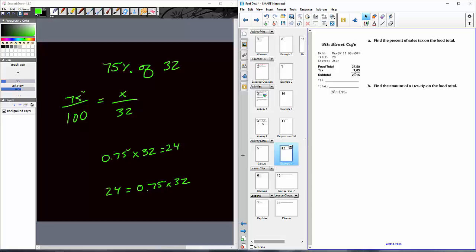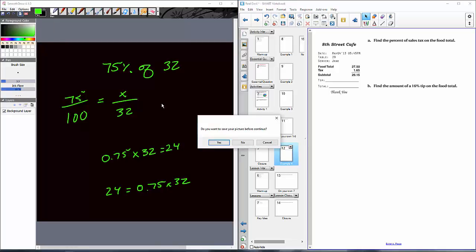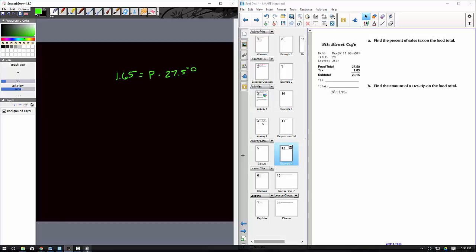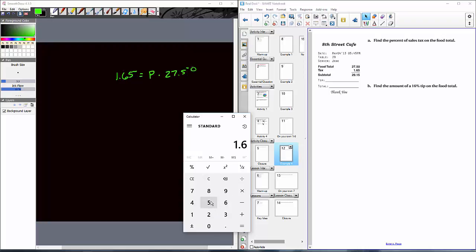Okay, so if I want to figure out the tax, again, I know my part, which is the 1.65, equals the percent, I don't know what that is right now, times the whole, which is 27.50, right? So if I take 1.65 divided by 27.50, I get 6%. So this is a 6% sales tax.